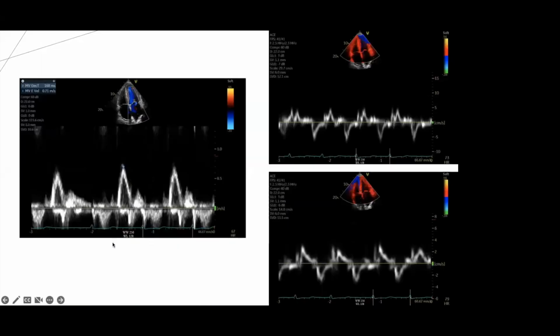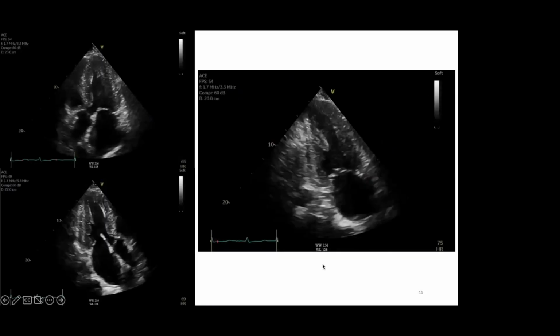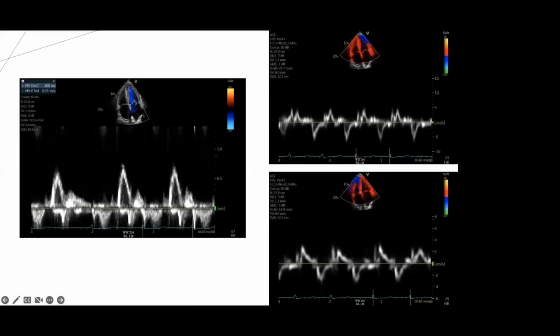When we did the Dopplers for the mitral valve inflow, we see there's quite an accentuated E wave compared to the A wave, an E/A ratio greater than 1.5. And then our tissue Dopplers here also quite low. On the lateral side, it's around 5 to 6, and on the septal side, it's around 3.